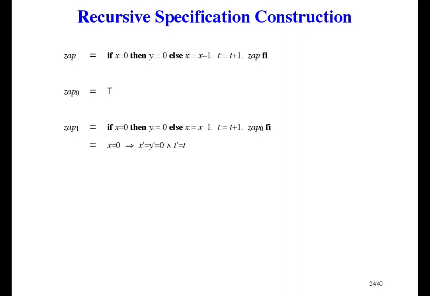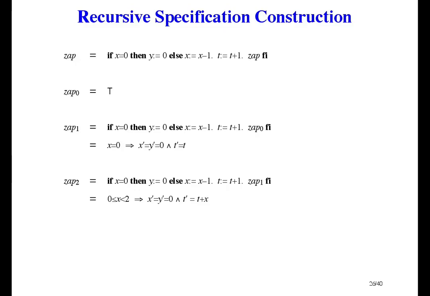This can be simplified. x equals 0 implies x prime and y prime are both 0, and t prime equals t. To get zap 2, use zap 1. And this simplifies to, if x is in 0 to 2, then x prime and y prime are both 0, and t prime equals t plus x.